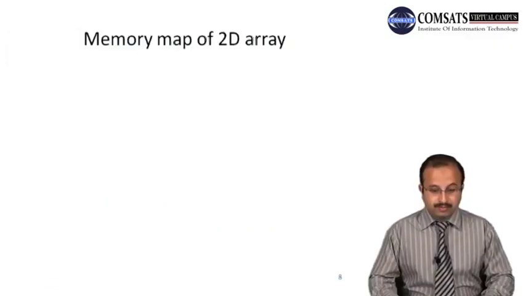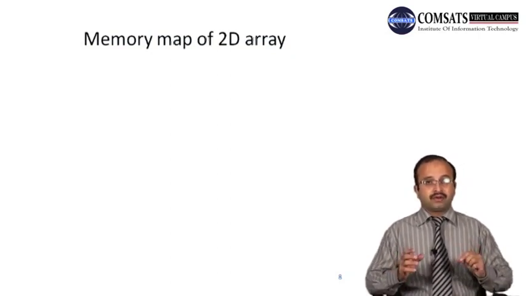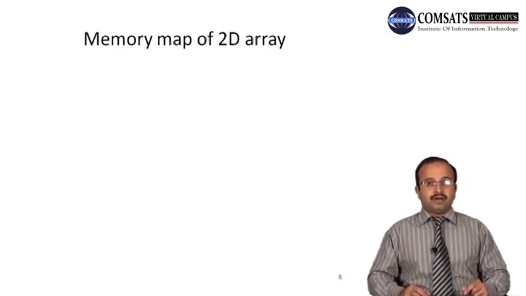Now let's see how the memory is allocated for a two-dimensional array. Memory map, that is, how actually the memory is allocated for a two-dimensional array. For the one-dimensional array, we know that the memory allocated is continuous. All the elements are allocated together and they are not scattered in the memory.